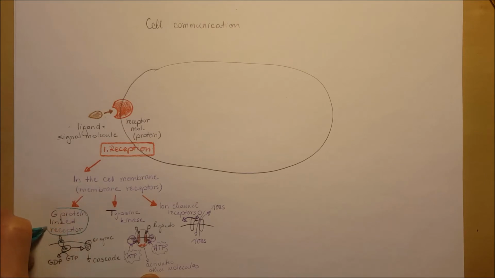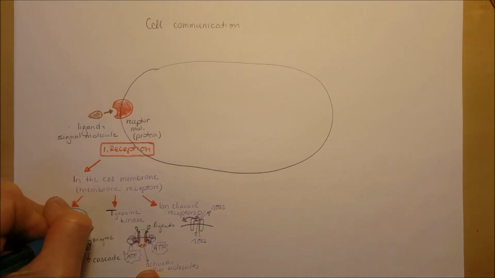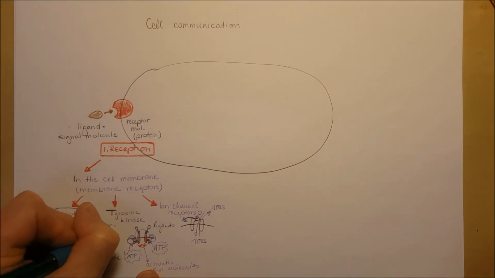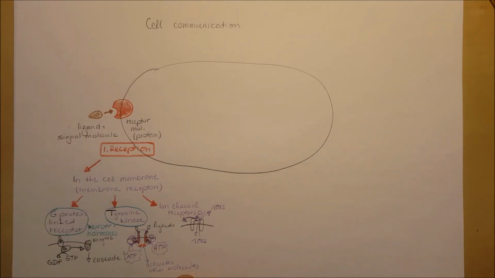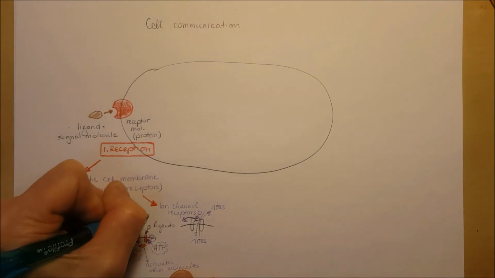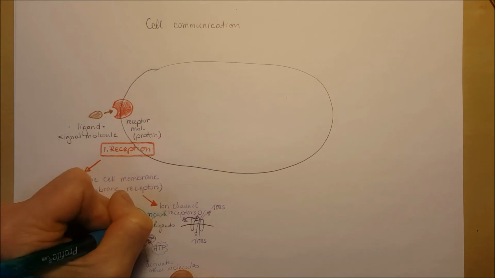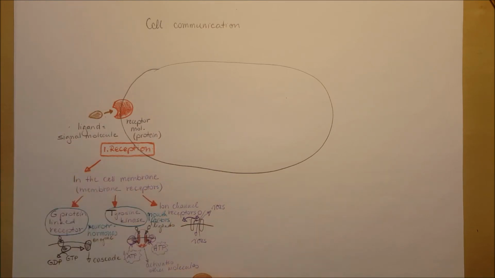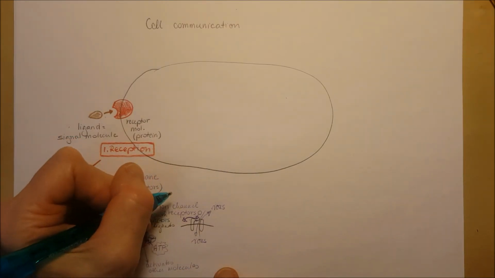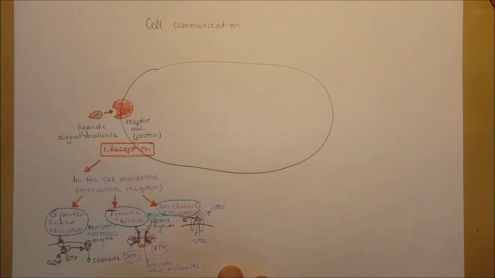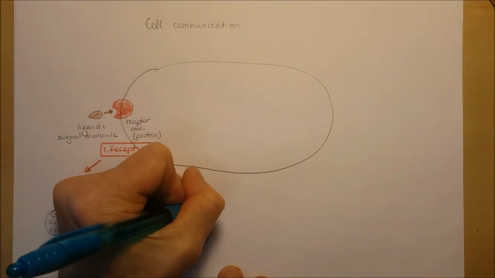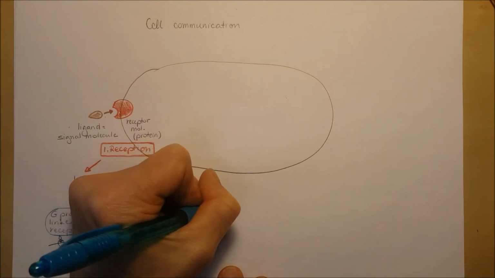Now, the G protein-linked receptor happens with certain neurotransmitters and hormones. The tyrosine kinase is usually a receptor for growth factors, and the ion channel receptors are for neuron signals and neurotransmitters, basically.